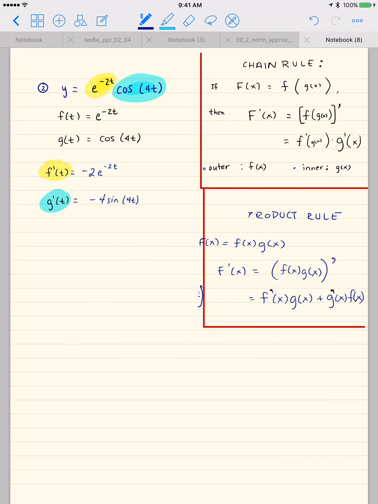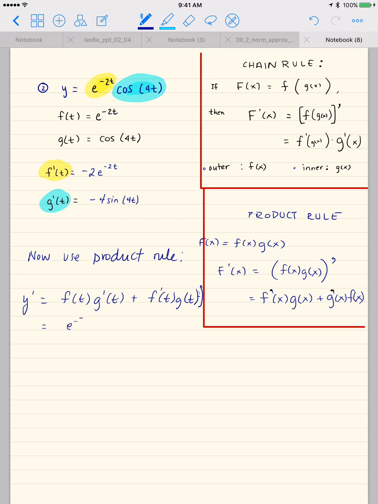Now I'm going to use the product rule to say that y prime is going to be f of t, g prime of t, plus f prime of t, g of t. Okay, and what is f of t?